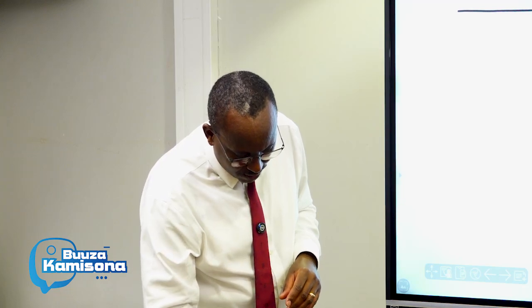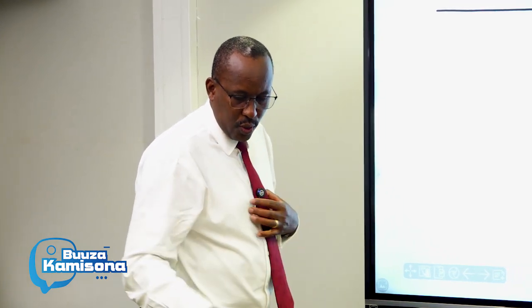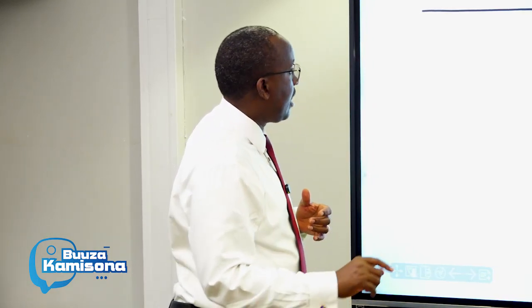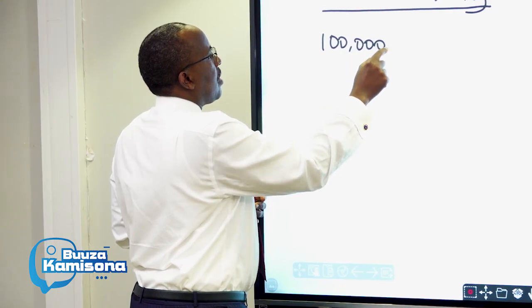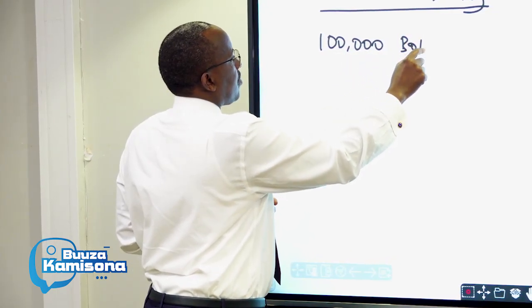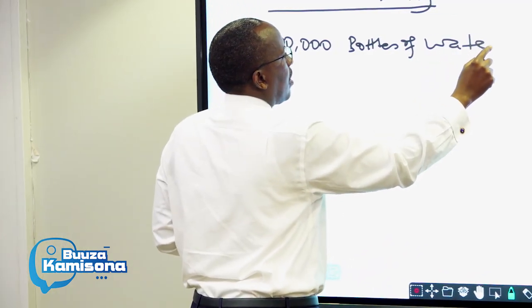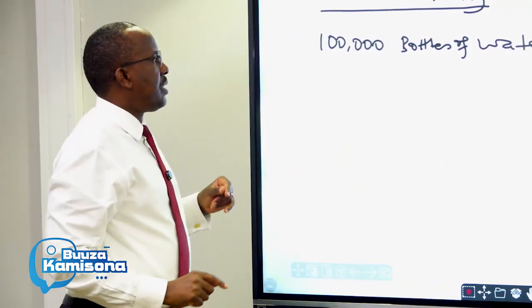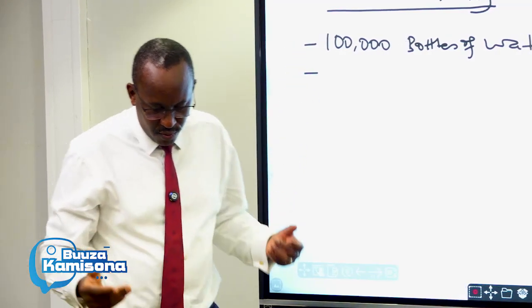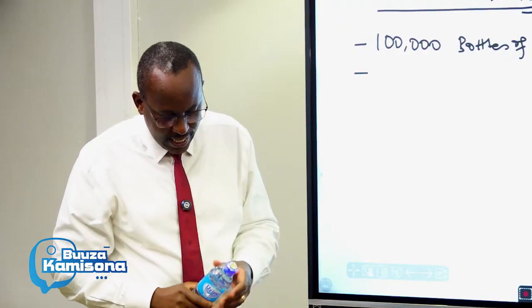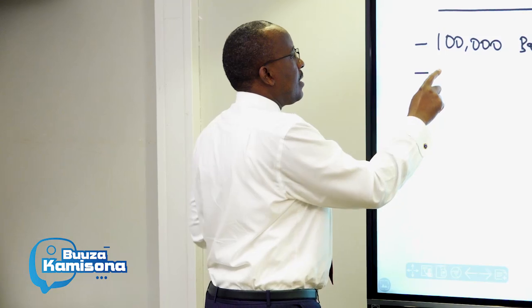So let me give another example of a factory that produces water. And we can say a factory that produces 100,000 bottles of water. And this factory looks through their costs of cleaning this water, packaging it, and they come up with what they call the ex-factory price before you put anything.